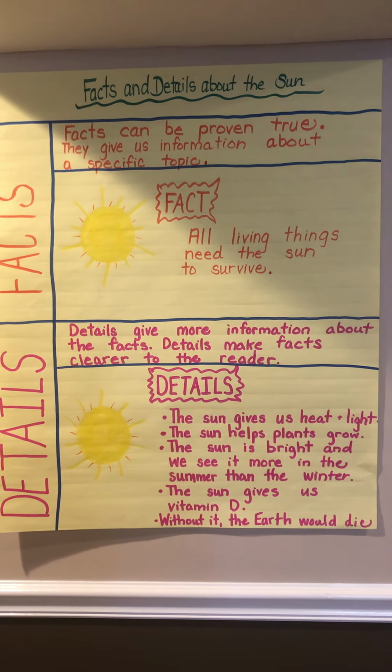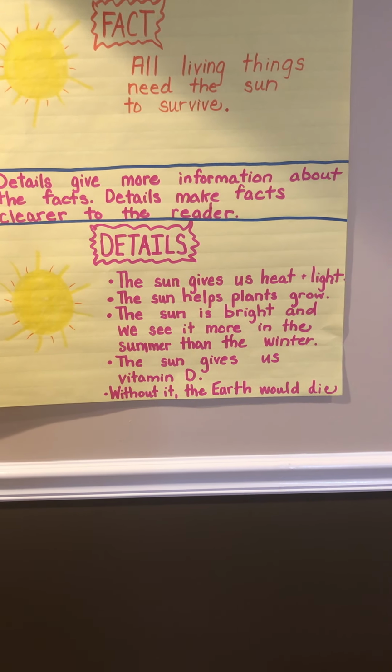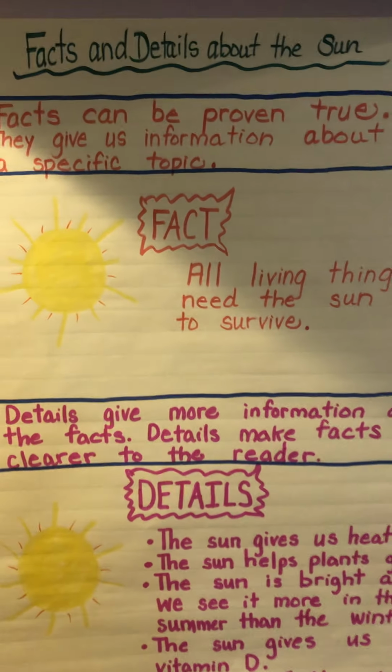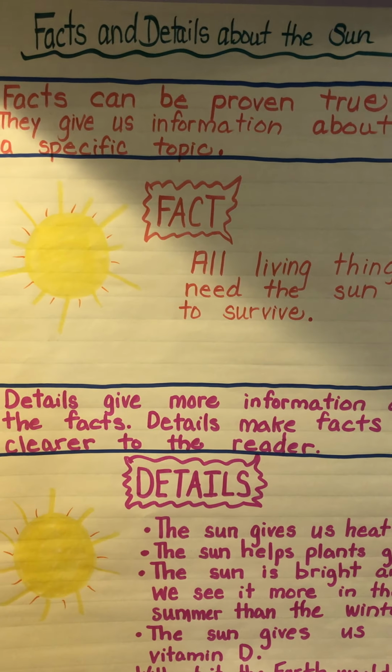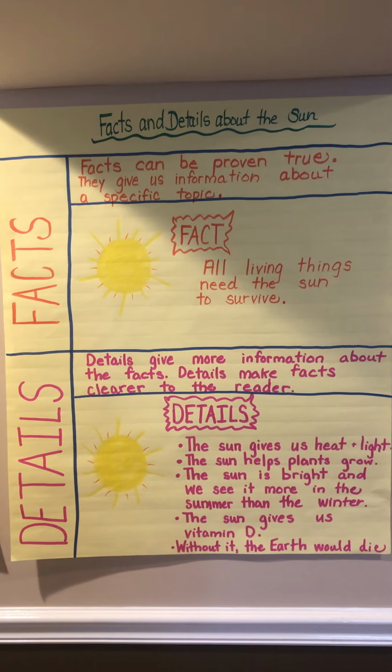And here's the last detail on my chart. Without the sun, the earth would die. And that goes back to my fact. All living things need the sun to survive because the sun gives us light and heat, and it keeps things growing, keeps us warm, and keeps our whole planet lit up for us. Without it, everything would turn into a frozen tundra.